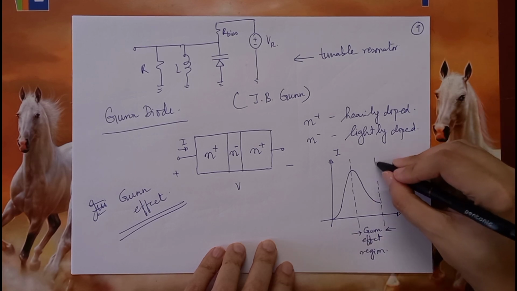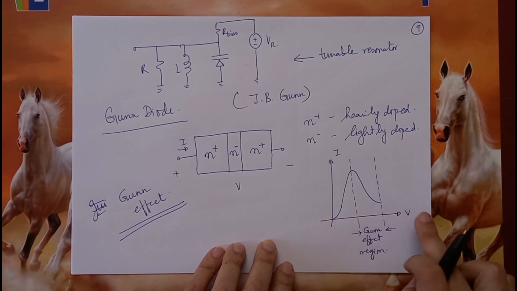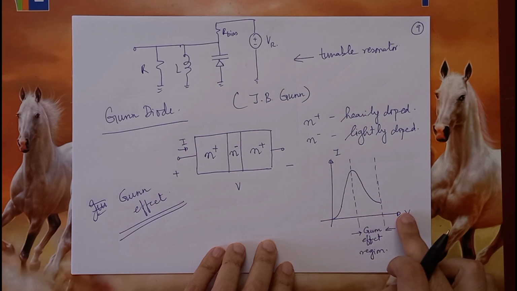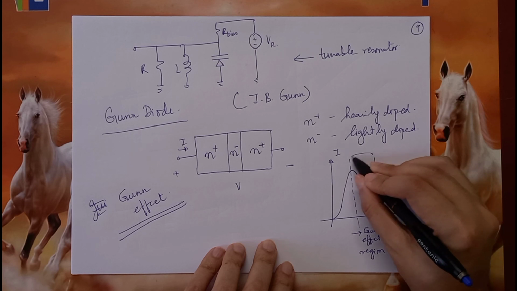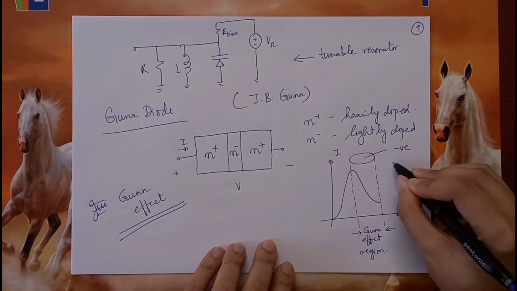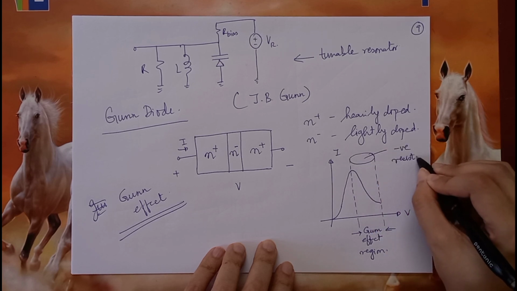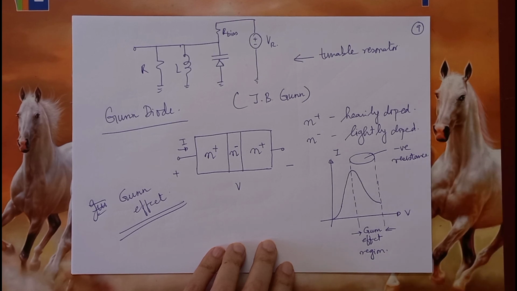But what is this indicating? This is indicating that if voltage is increasing, the current is reducing. This region indicates negative resistance. And the moment you have negative resistance, you can use it not just to consume power, but to generate power.